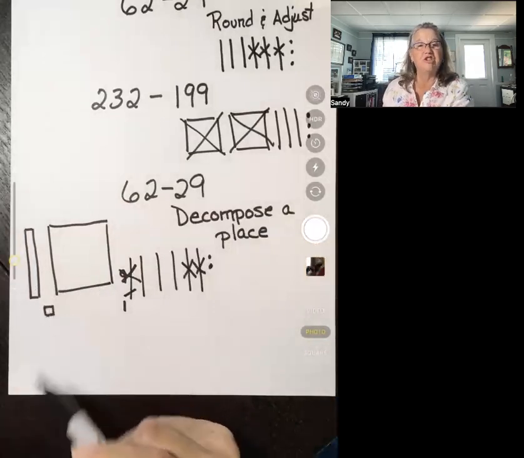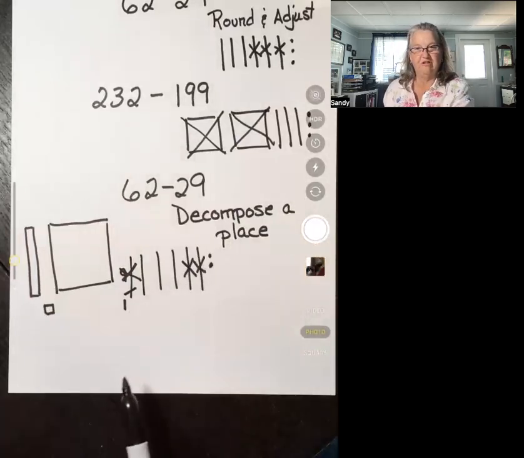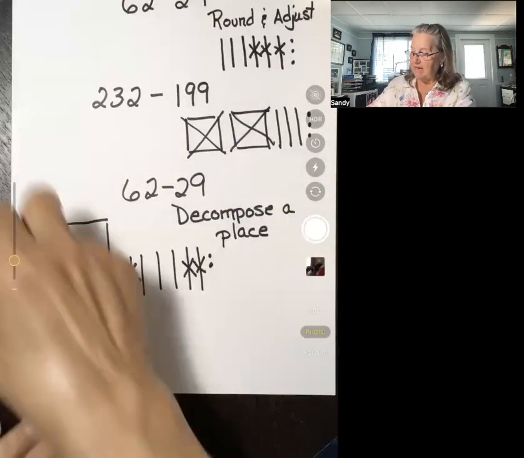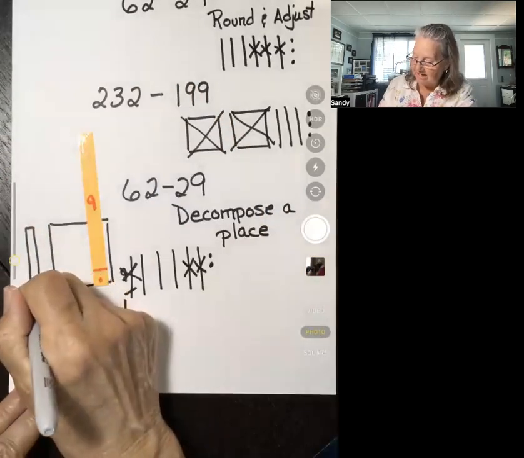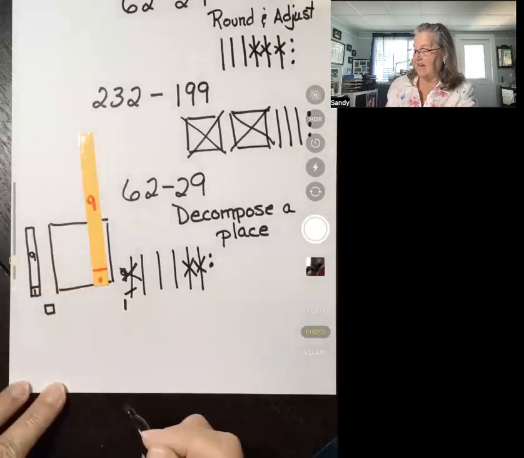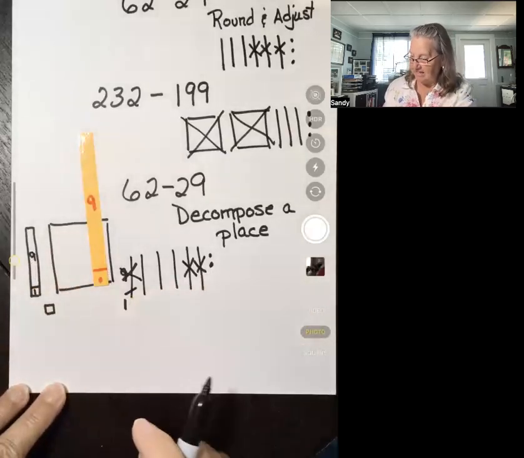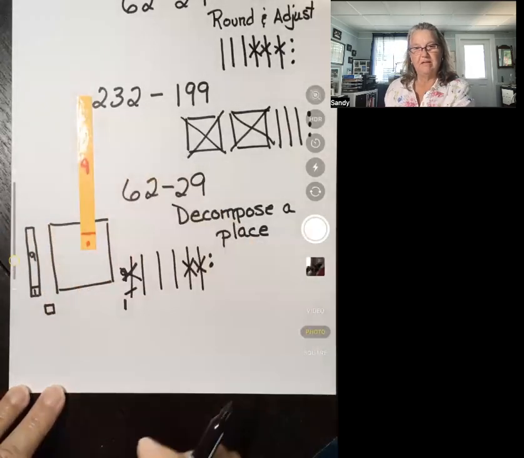It's hard to distinguish the unit. So to help with that, we'll do a little different drawing. So I may use this to help them start to see how I could cut this into 9 and 1. And then I can decompose that 10 here. That's a transition I'm going to make.